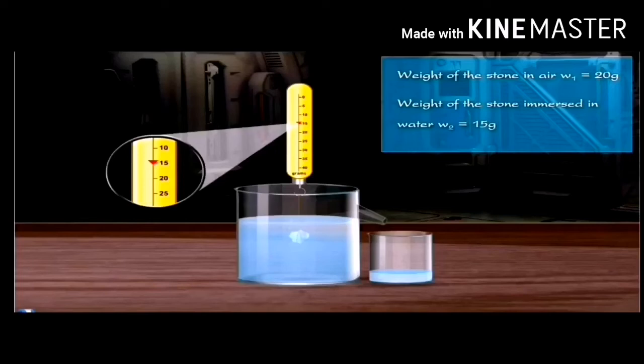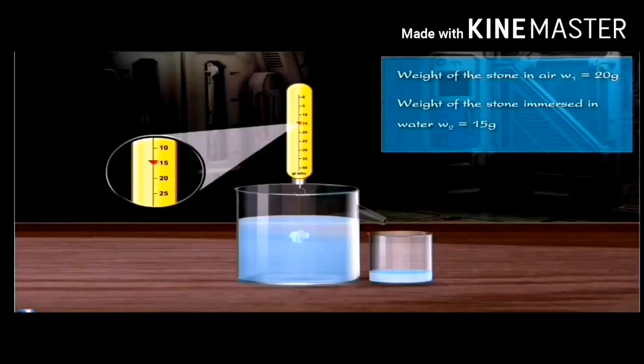Students, what did you understand from this? You must understand that the weight of the stone in water is less than the weight of the stone in air. Clear what I am saying? I am repeating once again. The weight of the stone in water is less than the weight of the stone in air.